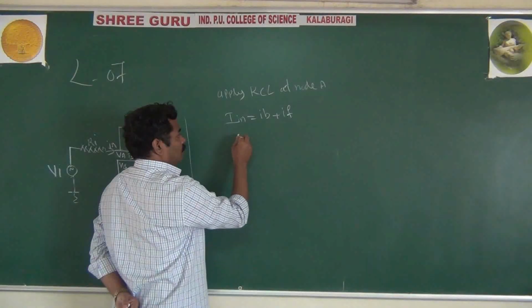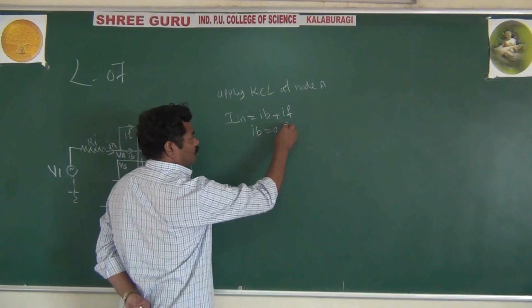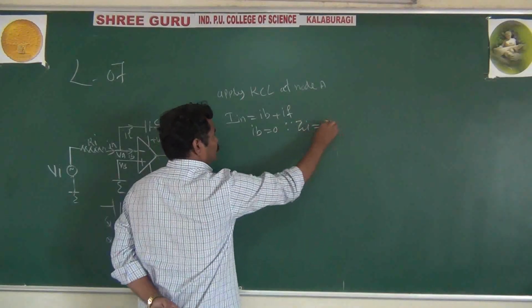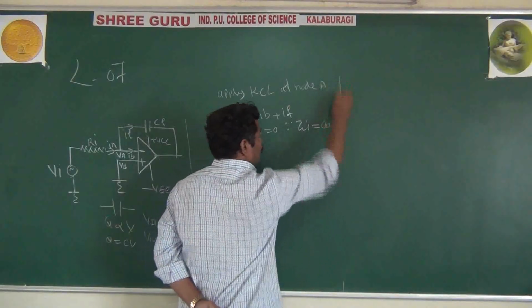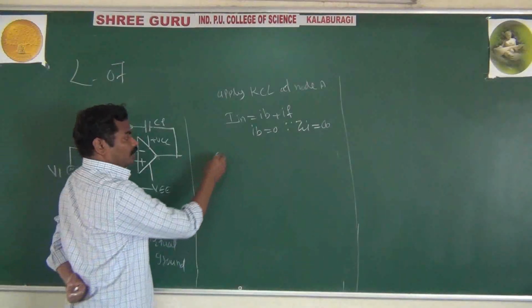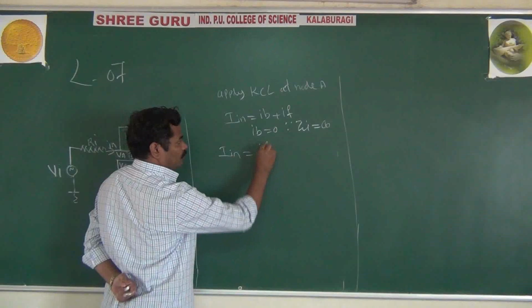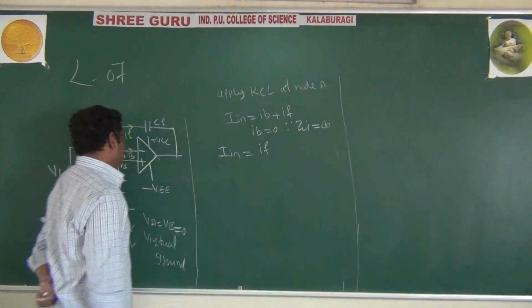IB is 0 because Zi is infinity, so we can write I in equal to IF.